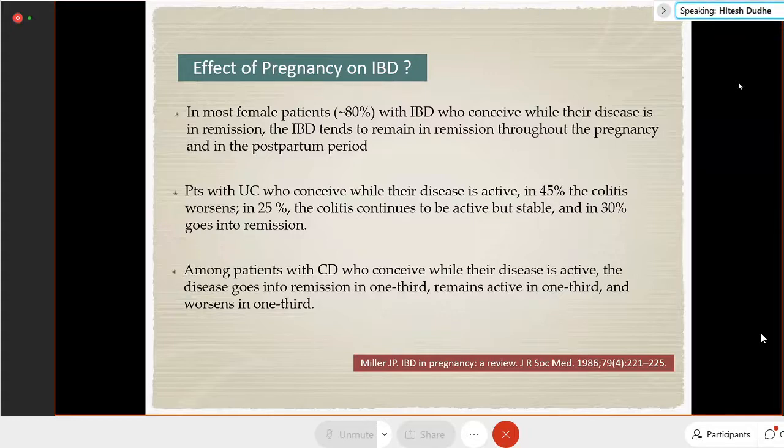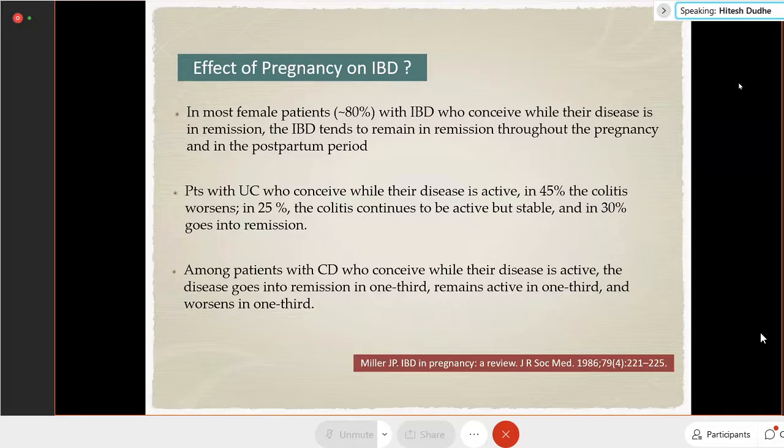While in patients with UC who conceive while their disease is active, there is a 45% chance the colitis will worsen, a 25% chance the colitis continues to be active but stable, while in 30%, it may go into remission. Among patients with CD who conceive while their disease is active, the law of thirds is applicable.